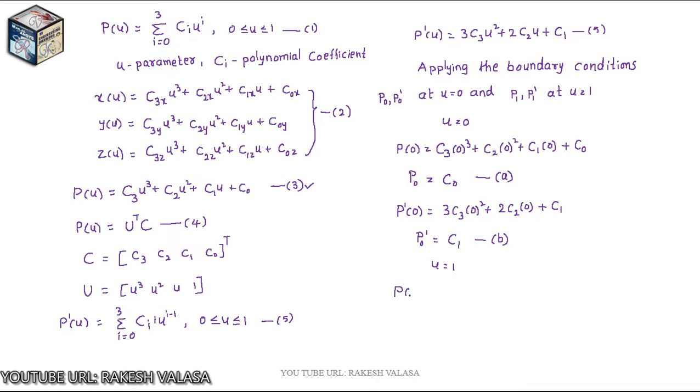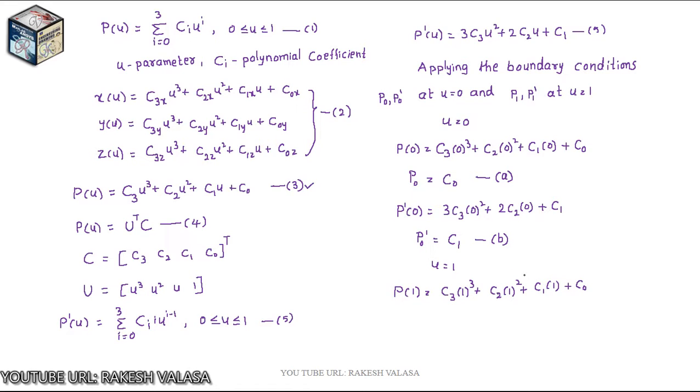P of 1 equal to C3 1 cube plus C2 1 square plus C1 into 1 plus C naught.